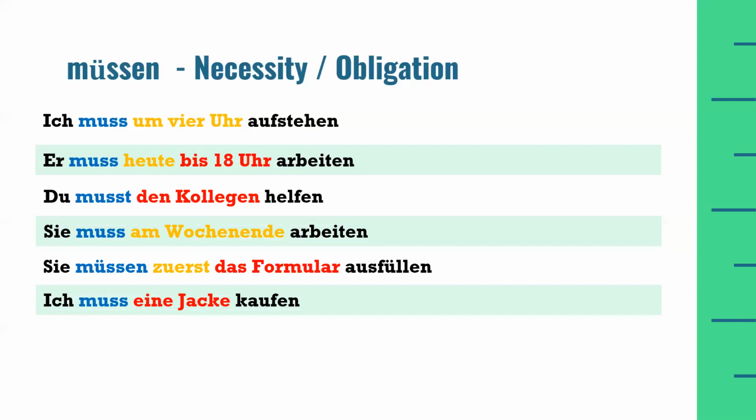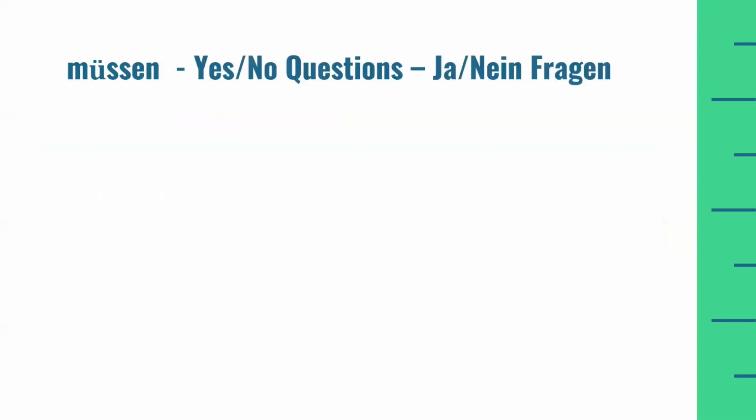Then comes eine Jacke, which is the object of the sentence, and we know that object of sentence is in the accusative case, and because Jacke is a feminine noun, therefore we will use indefinite article eine for accusative case for a feminine noun Jacke. And kaufen is the verb which comes at the last position in the sentence in infinitive form.